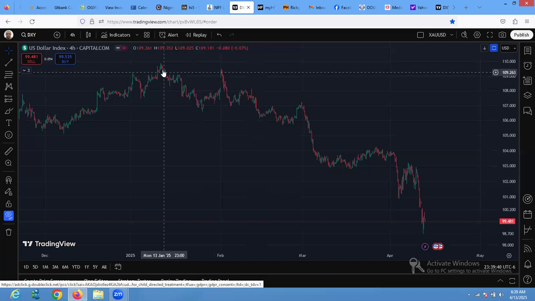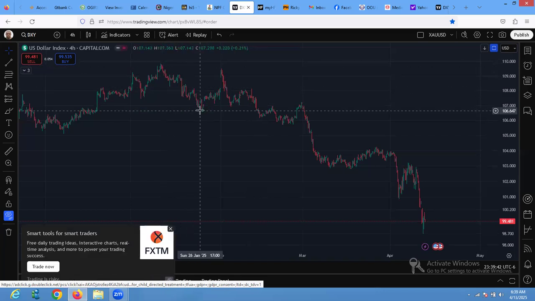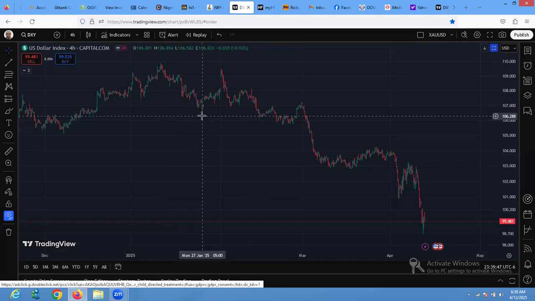We are taught that this is wave 1 to the downside, and this is a micro 2 to the upside. Then inside of wave 3, we are seeing a possible wave 3-1.